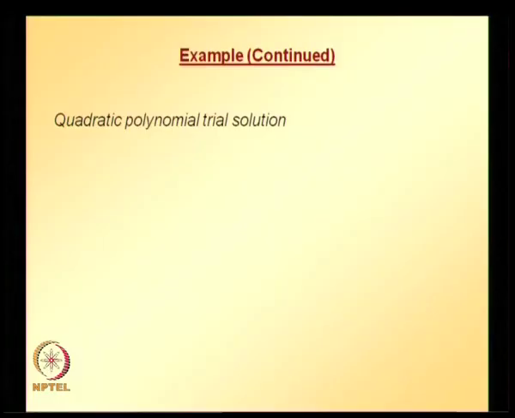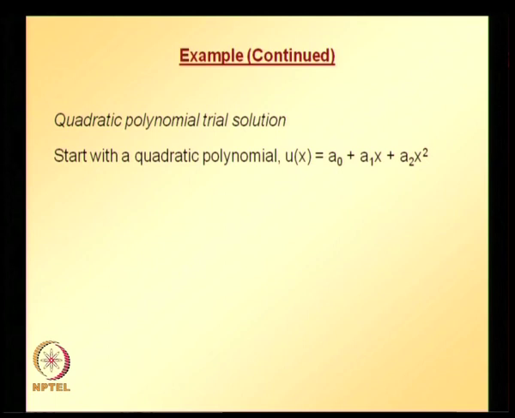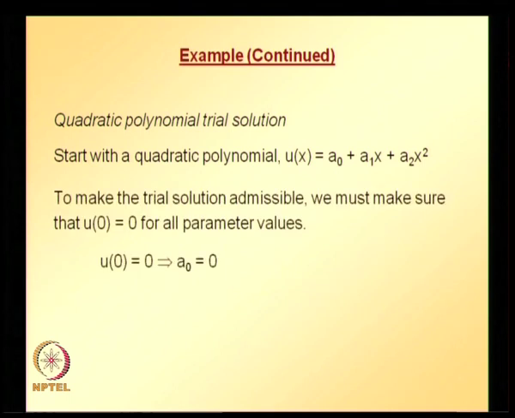So now let us start with a quadratic polynomial trial solution. Okay. So let us say that we take a quadratic polynomial trial solution as u is equal to a0 plus a1x plus a2x squared. So now, before we proceed further, the first job is to make this trial solution an admissible trial solution.